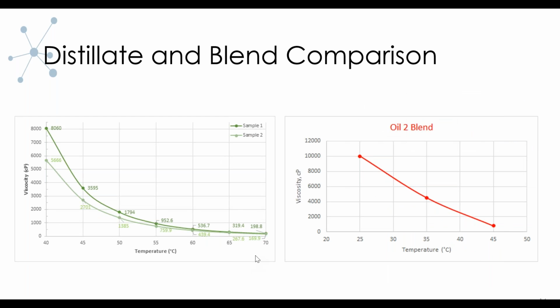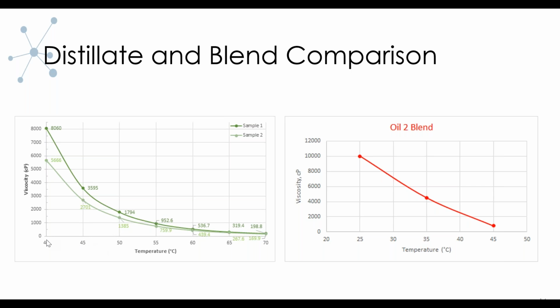So this is a comparison of distillates and blends. Where I'd like to focus your attention is at around 40 degrees C. With the blend that we tested at 40 degrees C, the viscosity was approximately around 2,500 centipoise.